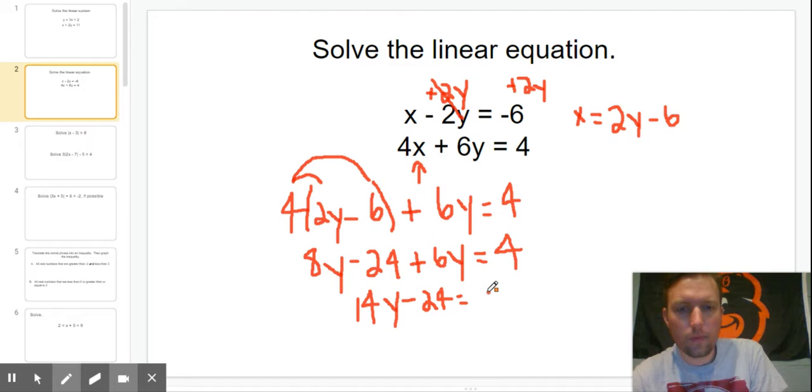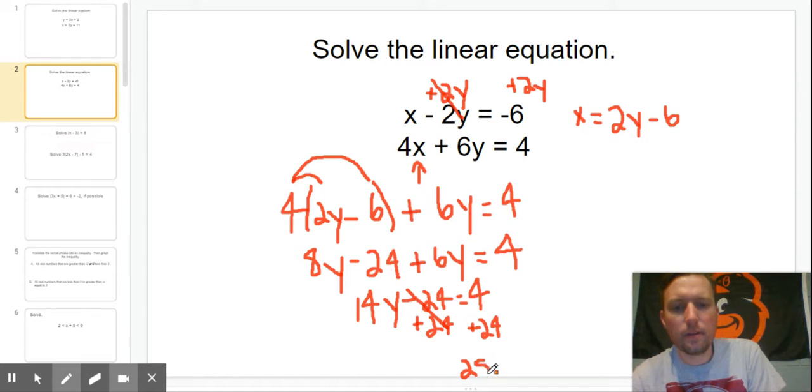Next, I'm going to make sure my variable is on one side. So I'm going to add 24 to each side. -24 plus 24 gives me 0, they cancel each other out. I add 24 on this side, and that gives me 28. So now I have 28 equals 14y.